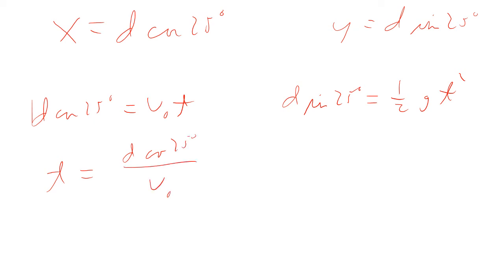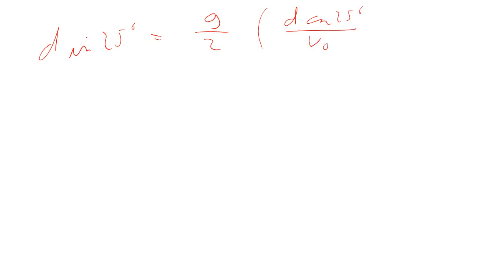Okay, so now what we can do is take that and plug it into this equation. So then we have d sine 25 degrees is going to be equal to 1/2 of g times d cosine 25 degrees over v naught, squared. Okay, so we do a little algebra here.